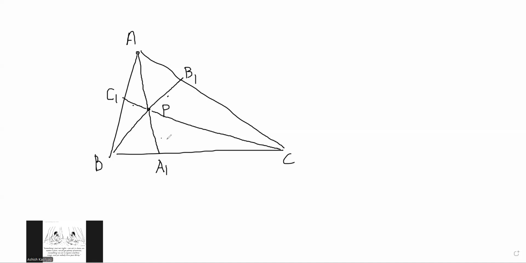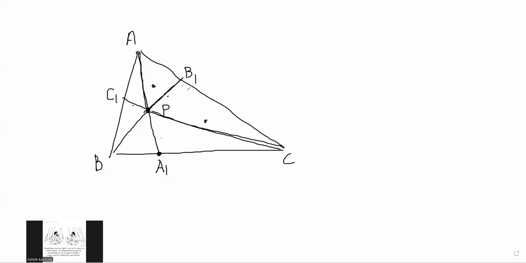How do we compare these areas? You have to look at one vertex, fix the vertex, and compare the bases. Like if you right now look at APC, fix the P, compare PB1C and PB1A.